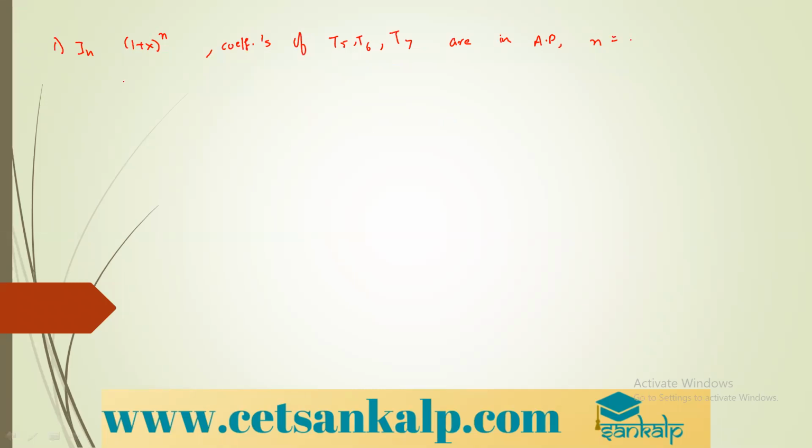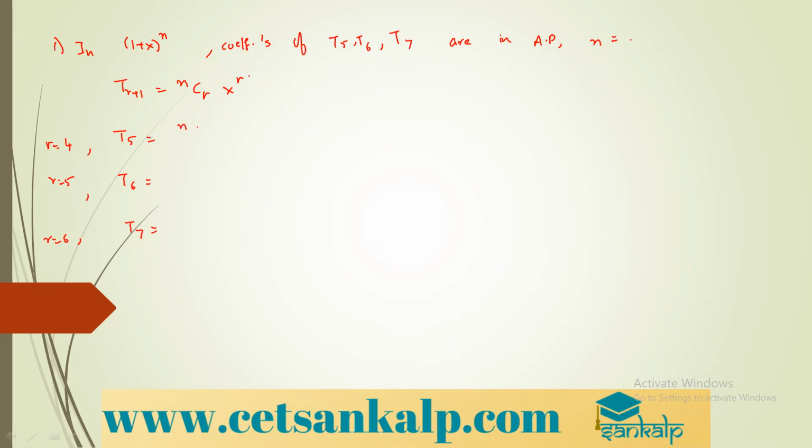So, as usual, I will take the general term as nCr x^r. Because I have to find the fifth term, sixth term, seventh term, I have to put r as 4, 5 and 6.